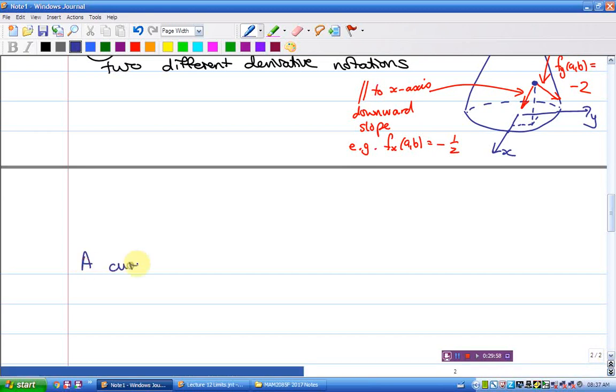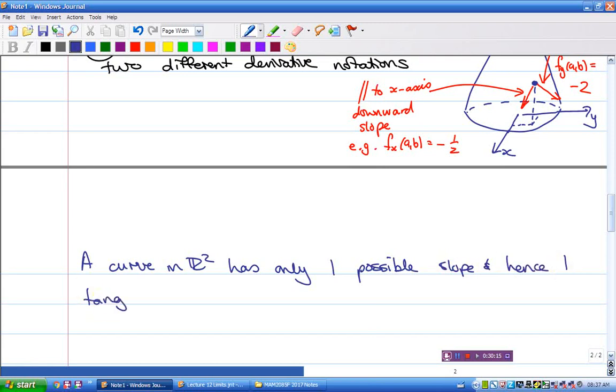A curve in R2 has only one possible slope and hence one tangent line at a point. Okay?